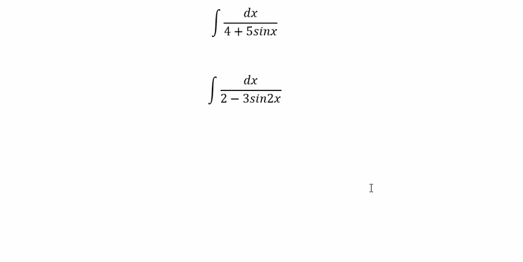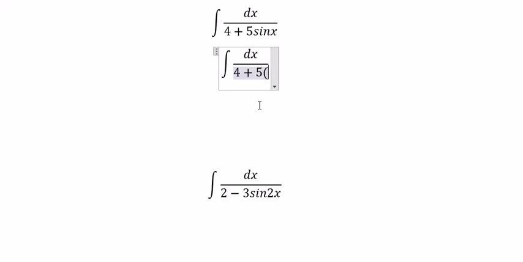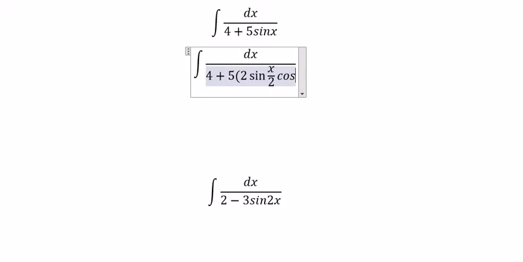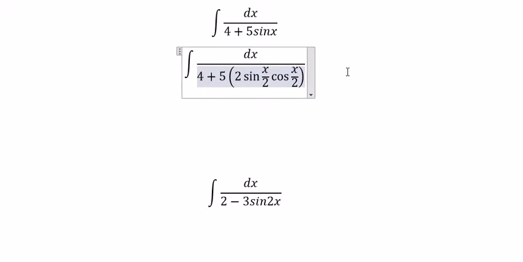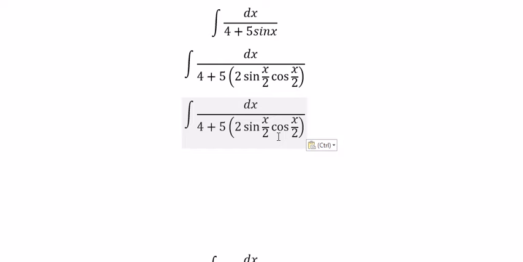Now let's go to the next one. About sine x, we can change it to 2 sine x over 2 cosine x over 2. Next, we divide both sides with cosine x over 2 square.